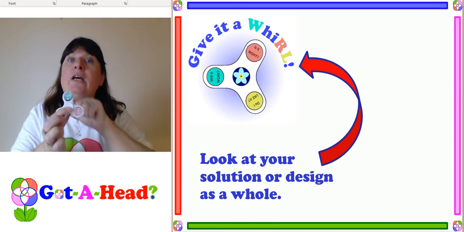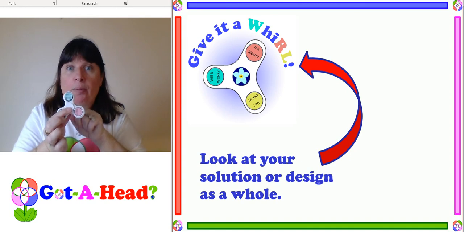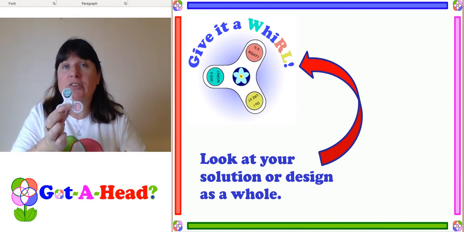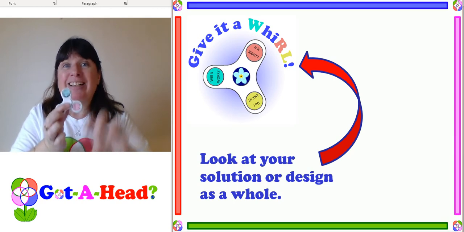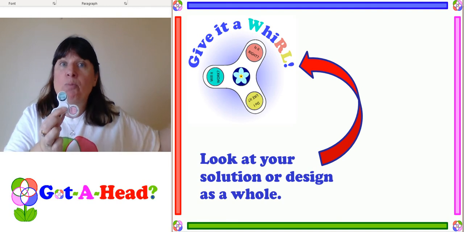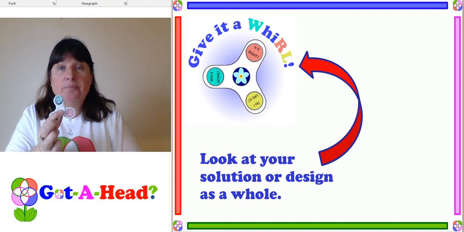You can always review what you do as you go along. And if you think there's a problem, just look back and sort it. If you think that your solutions haven't got enough ideas in them, you could go all the way back to wonder if you want. Come up with more ideas, feed them into explore, come up with more solutions, and then rank again.